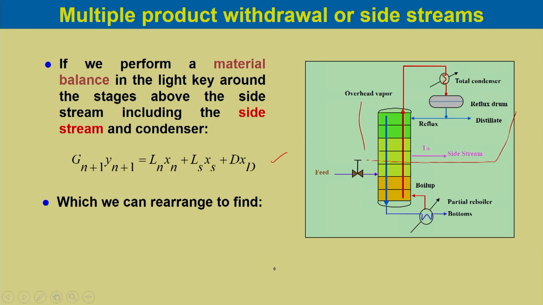Now, this we can rearrange and write y n plus 1 would be equal to L n by G n plus 1 into x n plus L s x s plus D x D by G n plus 1.